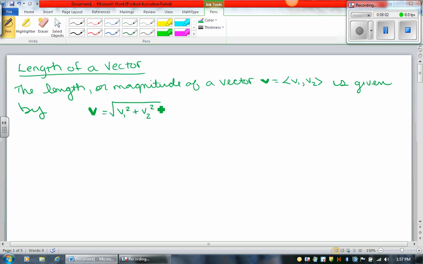Okay, so let's look at an example of that. We want to find the magnitude of vector v, 5, 8. Okay, so we're going to use our formula here.